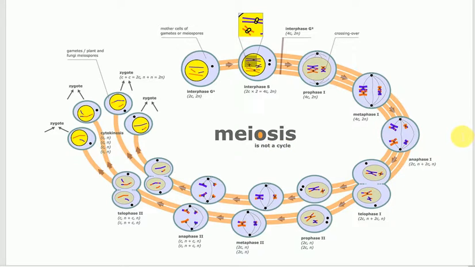The big difference to note up here, meiosis 1 does look very similar to mitosis, but there are differences. For instance, metaphase right here. These are not lining up in the middle, and they're not being pulled apart the same way. These are more like square dancing, whereas mitosis metaphase is like a Congo line.